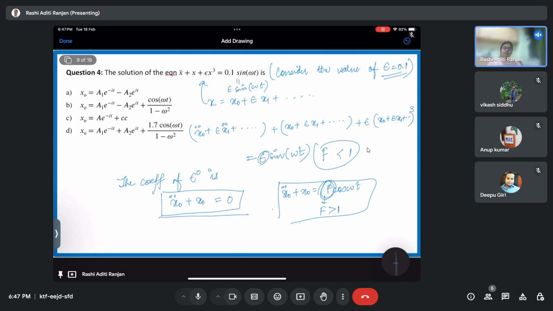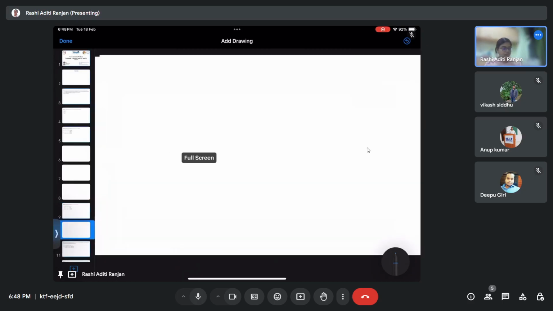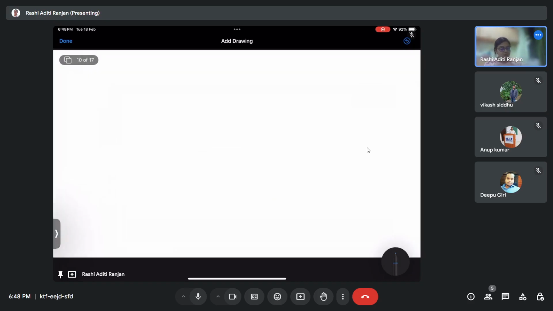For this equation, the particular integral is definitely 0 because the RHS is equal to 0. So what is left? Just the complementary function. So my solution x naught will be nothing but the complementary function.